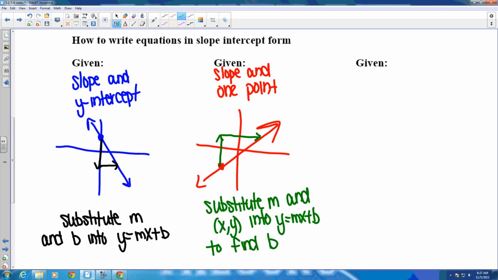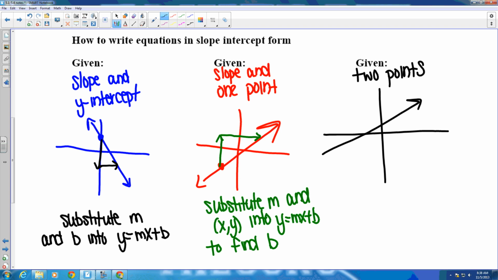Okay, and the last one, if we are given 2 points, here, one up here. What you're going to do is you're going to use the points to find the slope. That's the first thing you're going to do.